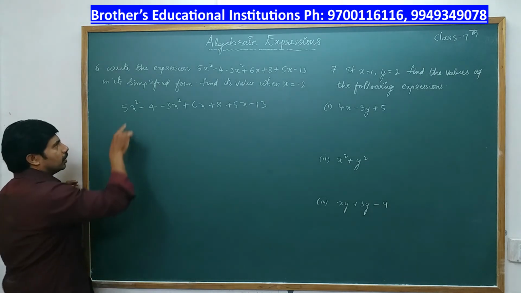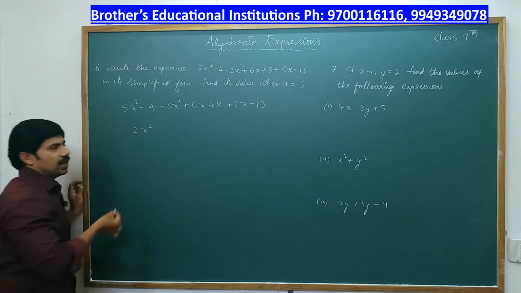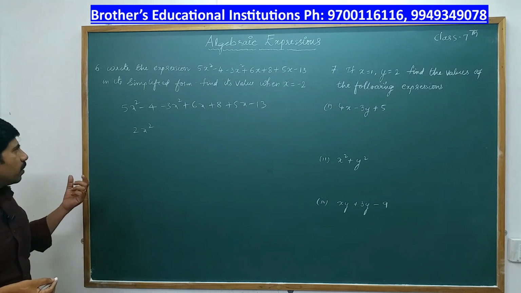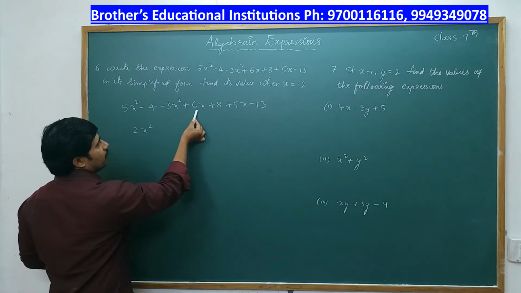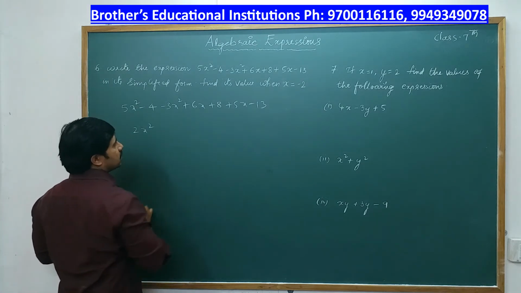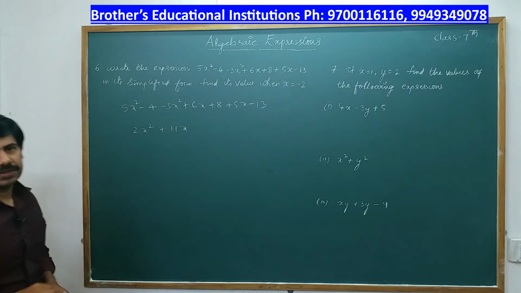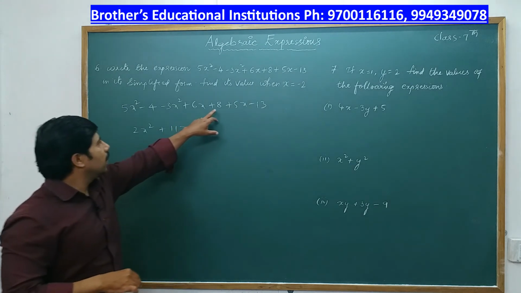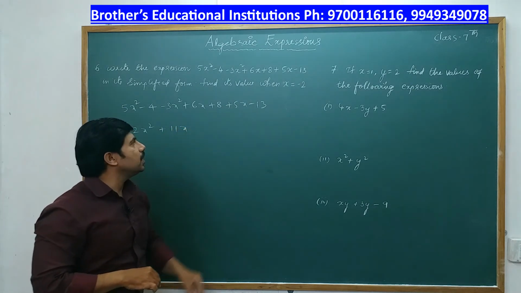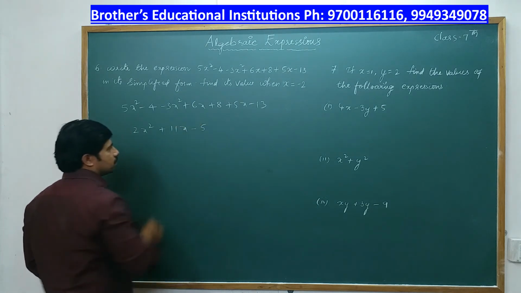That means like terms. 5x square minus 3x square are like terms, so 5x square minus 3x square is 2x square. Then x terms. We have 6x plus 5x, which are like terms. If you add these two, we'll get 11x. We can add like terms, we can subtract like terms, we can multiply also. Then 8 minus 13 is minus 5. So we simplified this expression.